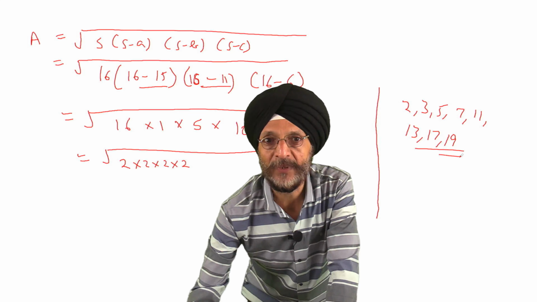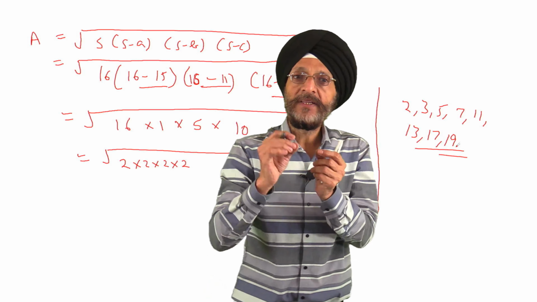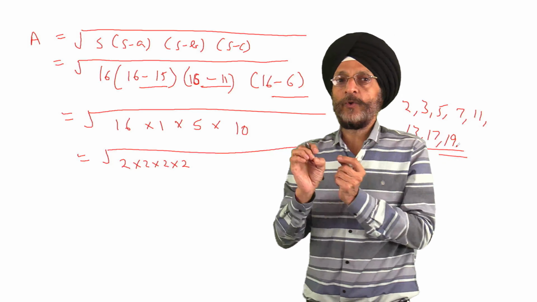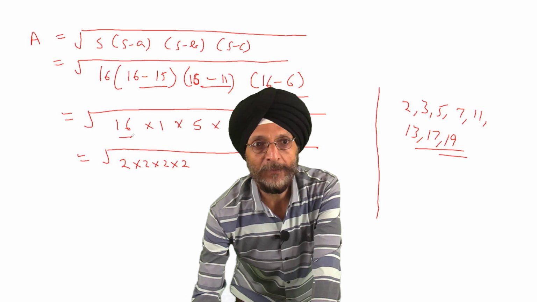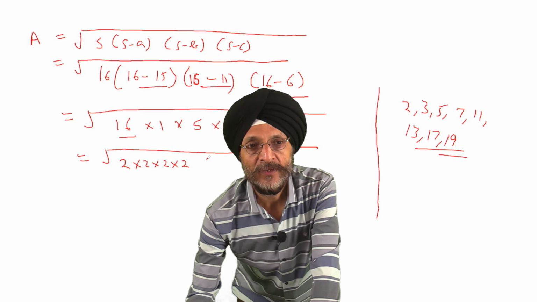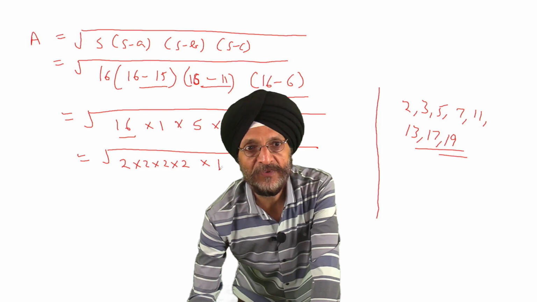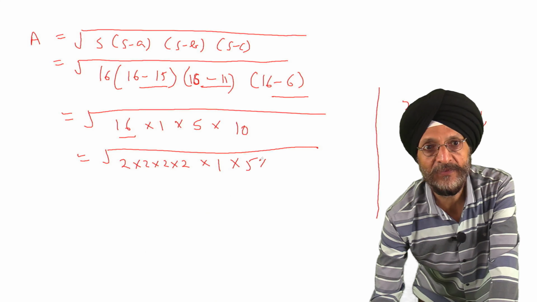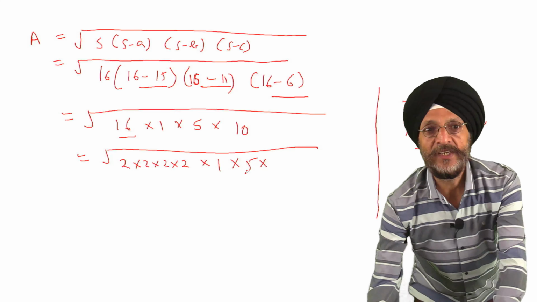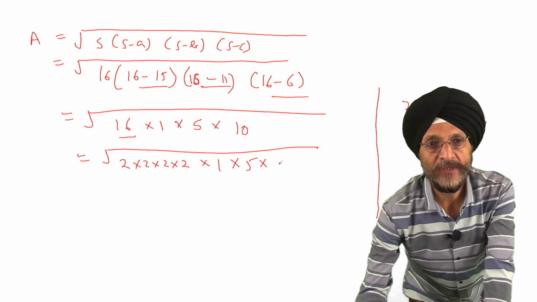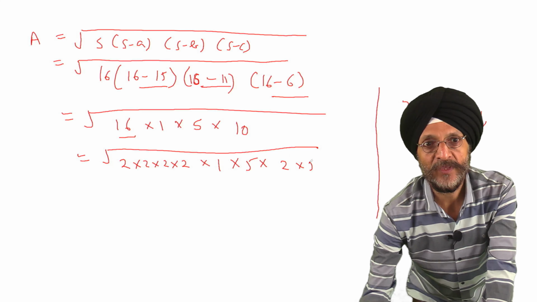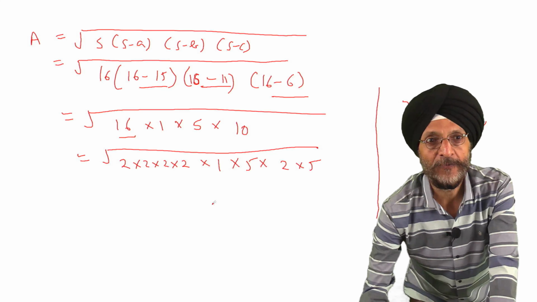These are prime numbers. These can be divided by itself and by 1 only. So we have done prime factorization of 16. 1 will remain as 1, 5 will remain as 5, because it cannot be further subdivided. 10 can be written as 2 into 5.